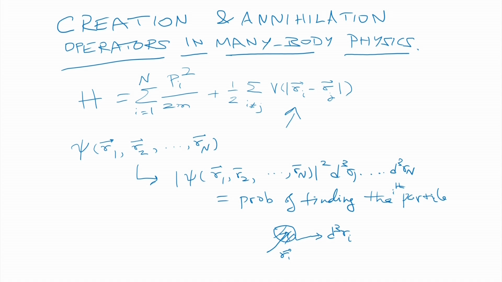So, the probability of finding the ith particle in a volume d cubed Ri around the point Ri, where i goes from 1 to n. That means it is the joint probability of finding the first particle at R1 within a volume of d cubed R1, the second particle at position R2 within a volume of d cubed R2, and so on. So, that is what this means.